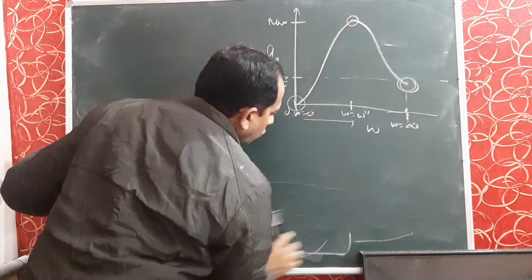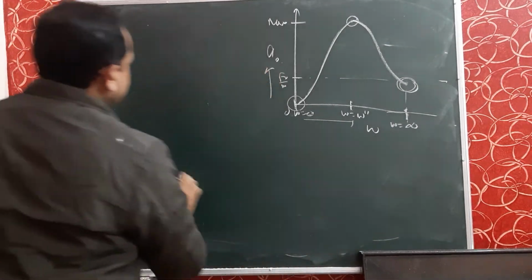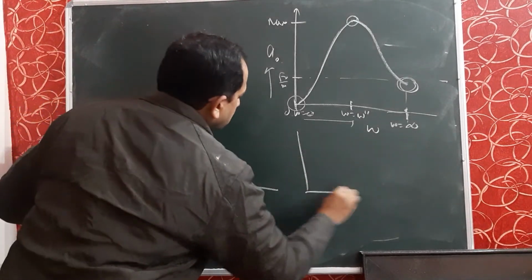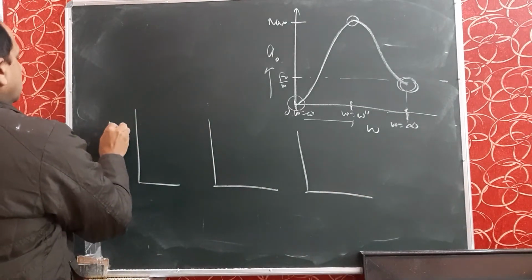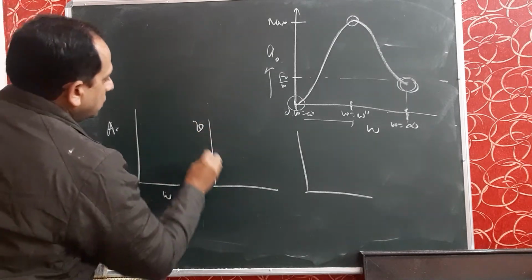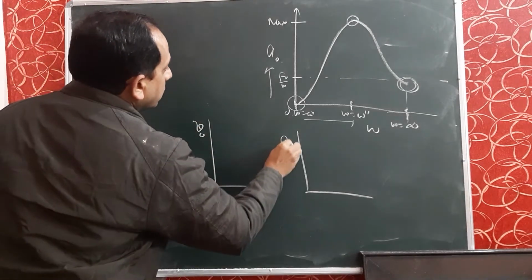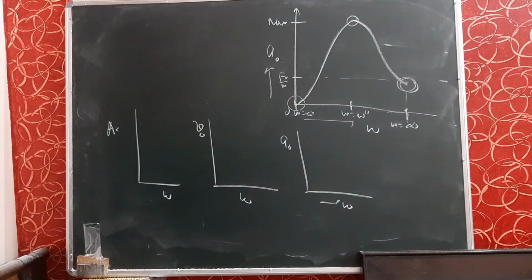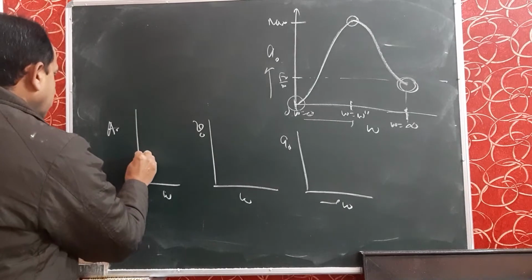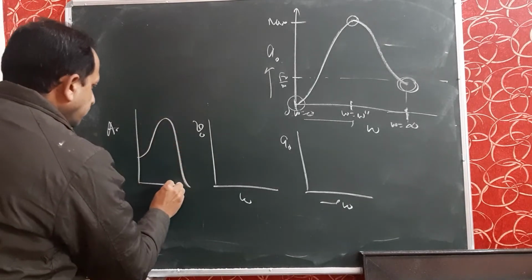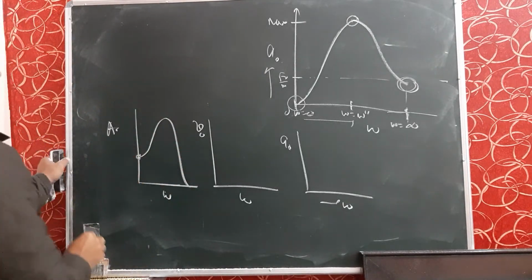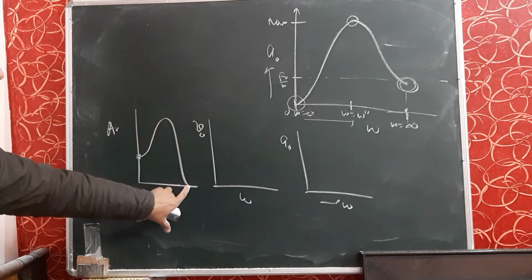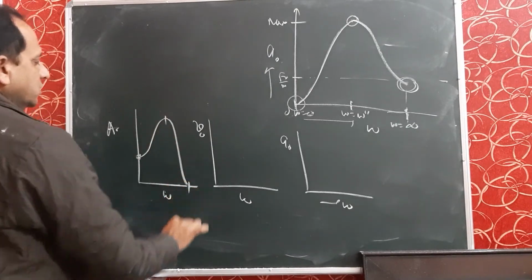So overall, if we compare the three graphs, that is amplitude versus omega, velocity amplitude versus omega, and acceleration versus omega, we have observed that in the first case the graph is like this. The displacement graph starts from a finite value at 0, reaches a maximum and ends at 0.